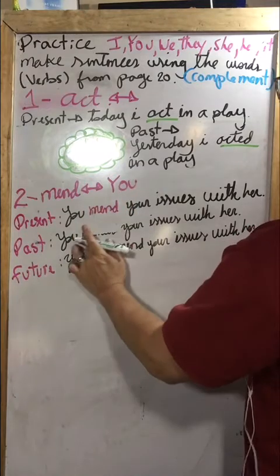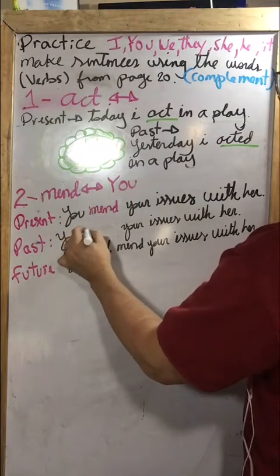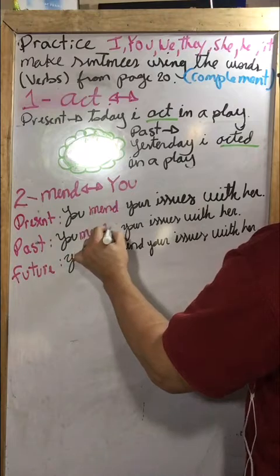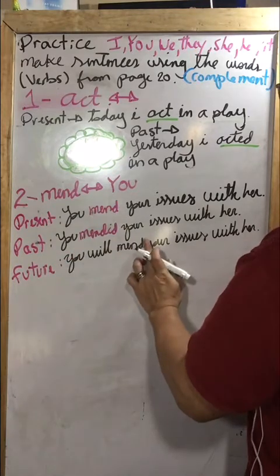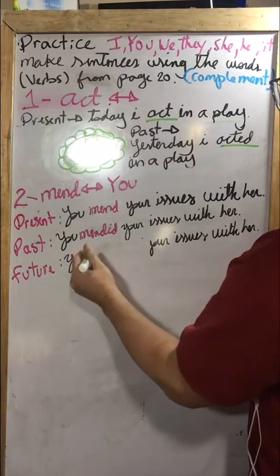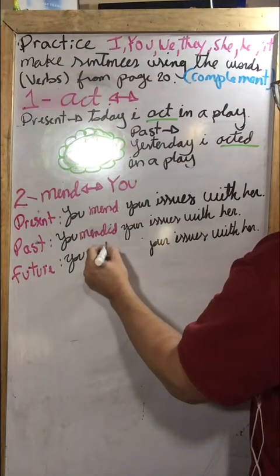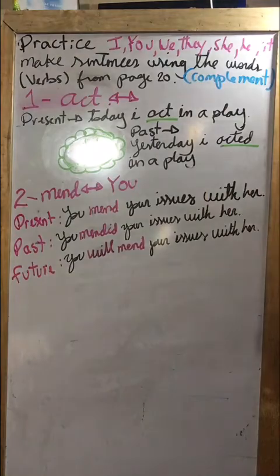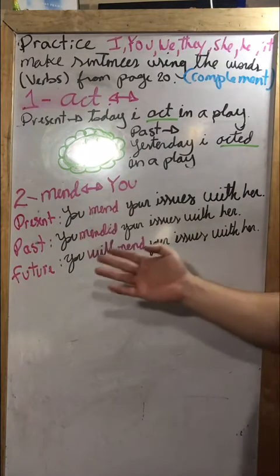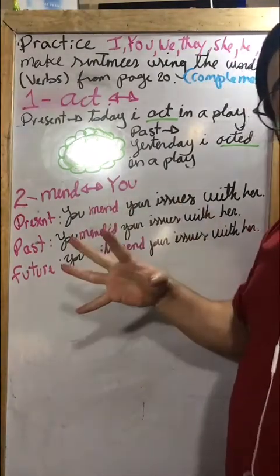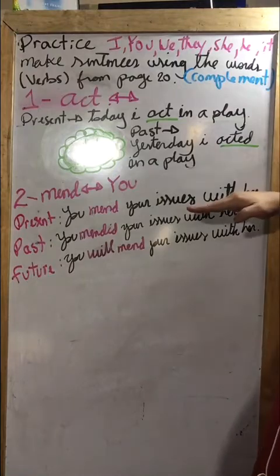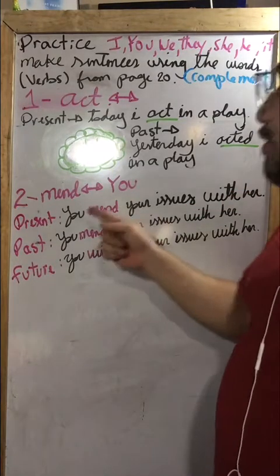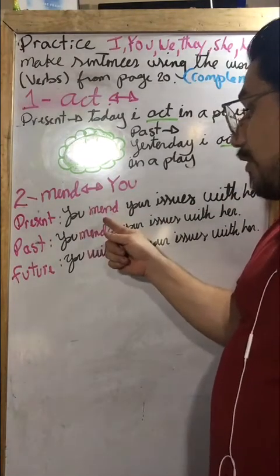Mend, and then mended, and then will mend. So as you can see, you can do 3 sentences with the same concept, with the same complement, but you're going to change the tenses of them.